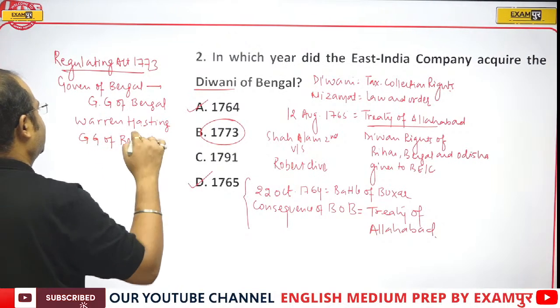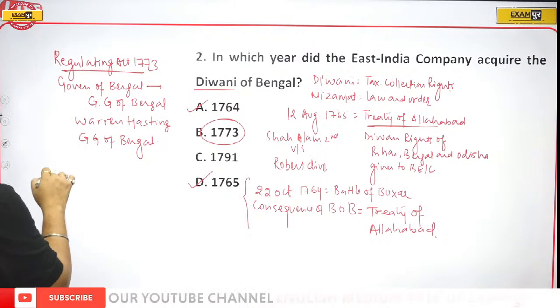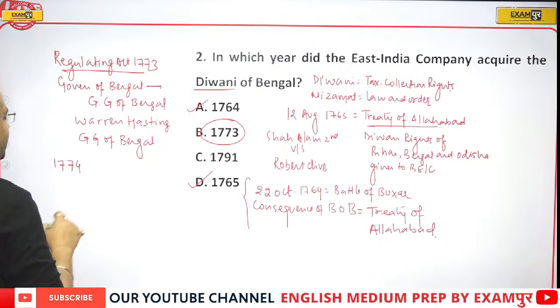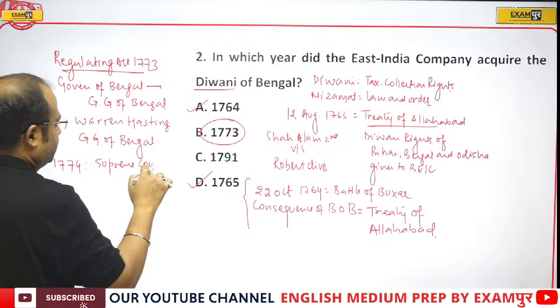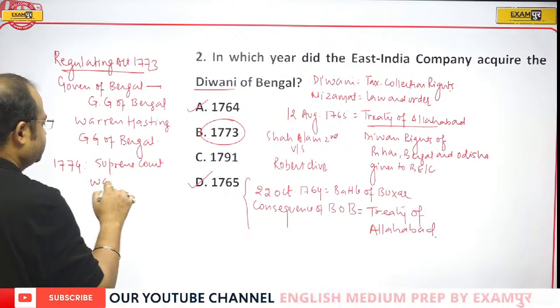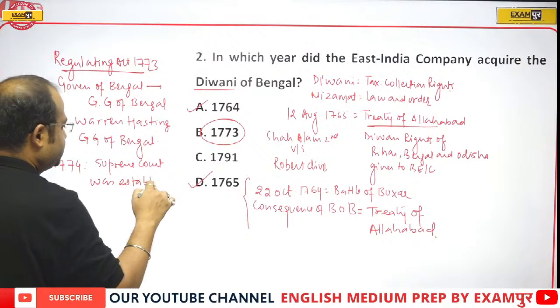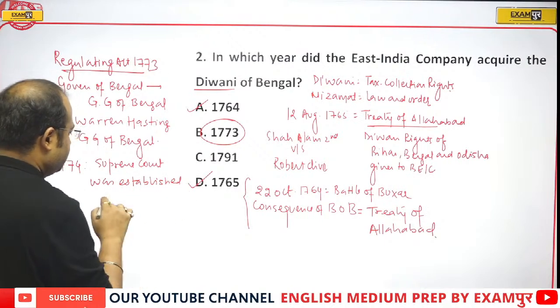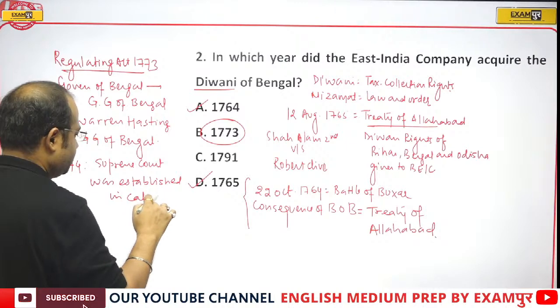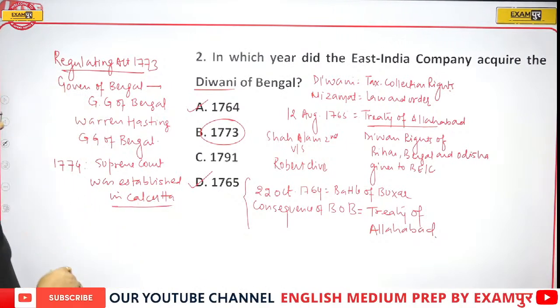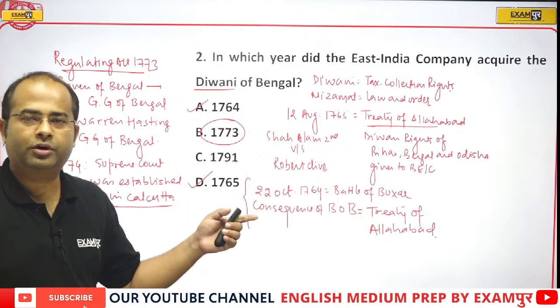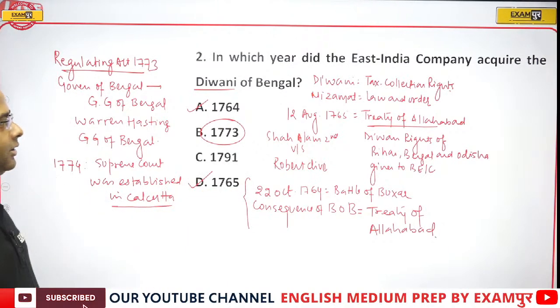Through the Regulating Act of 1773, the Supreme Court was established in Calcutta in 1774.